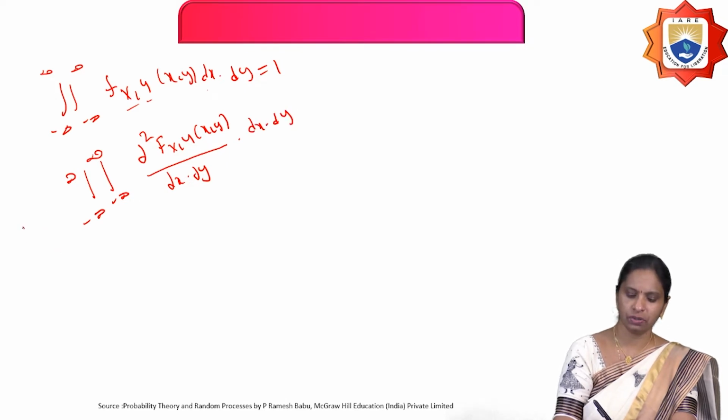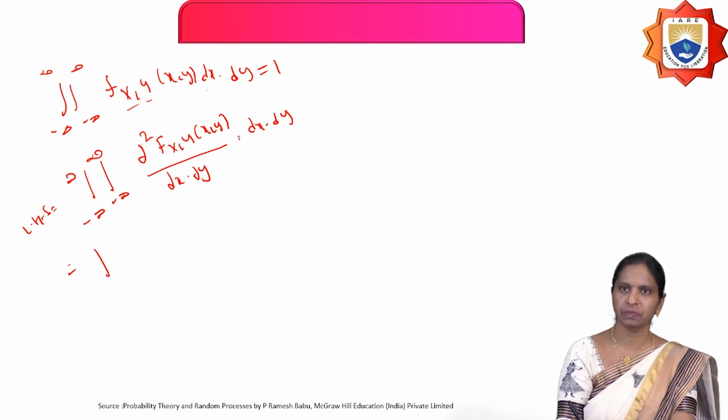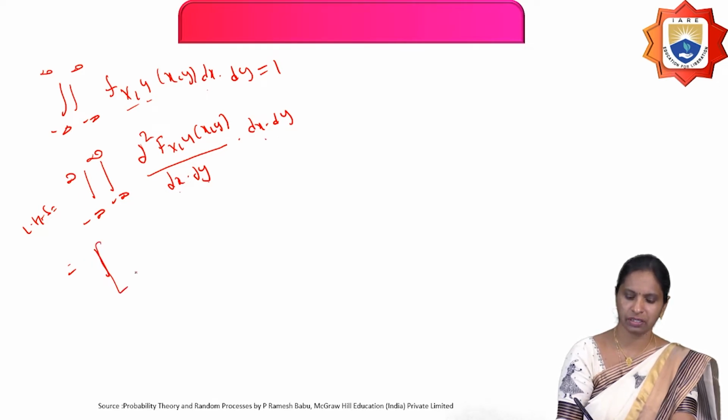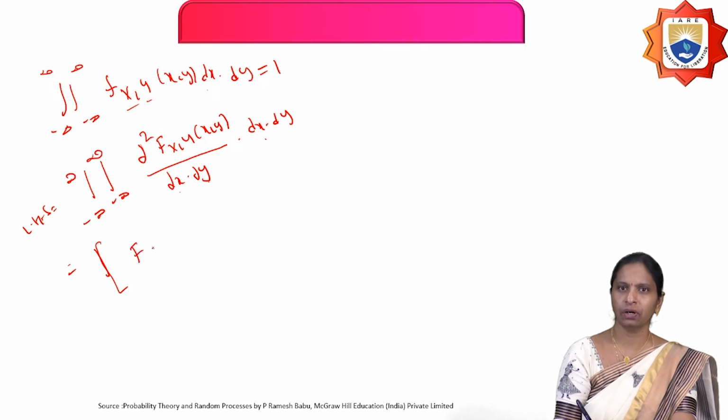So here this is a differentiation with respect to x and y, and this is the integration with respect to x and y. Therefore both will get cancelled. Then we can obtain what? fxy of x comma y, with the limits of x from minus infinity to infinity and the limits of y from minus infinity to infinity.